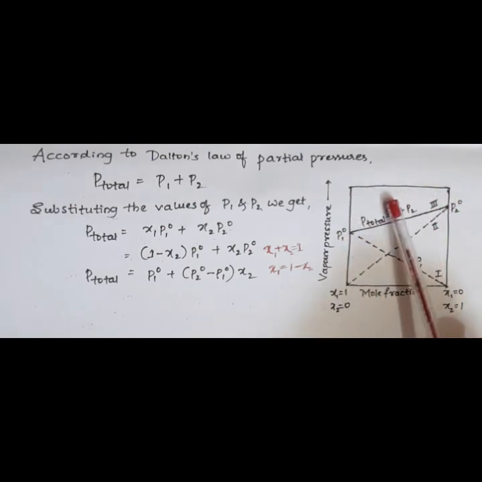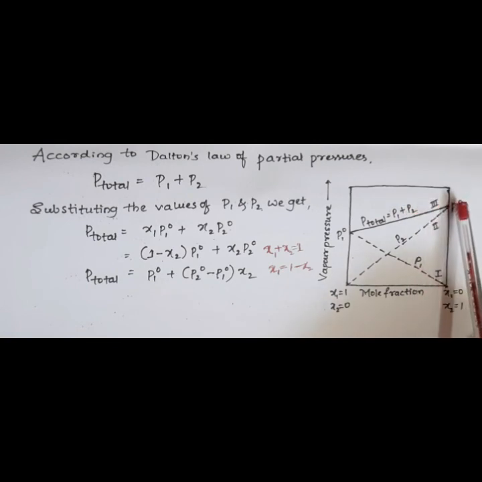So if we consider the total vapor pressure, then with the increase in mole fraction, the vapor pressure will also go on increasing. This is how we can graphically represent the vapor pressure and mole fraction for a given binary solution.